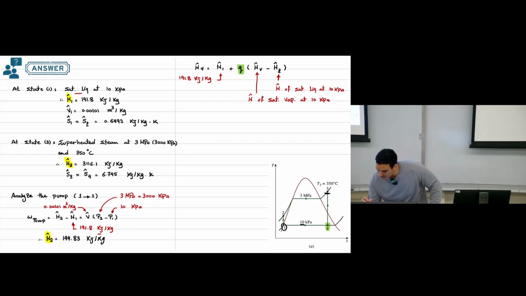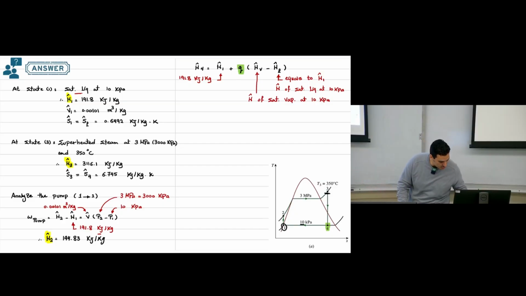So HL, this one is H1. So this HL here equals H1. You can go to the appendix, saturated vapor, 10 kilopascal, find HV, and then subtract both of them.